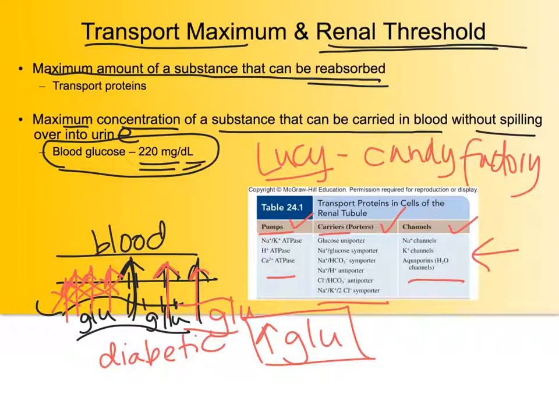I do not expect you to memorize all of these. I want you to know big picture stuff. We're going to talk about these aquaporins more. Aquaporin is something that you should know. Aquaporins are water channels, and we'll talk about them in a couple minutes. But everything else, you don't have to memorize.